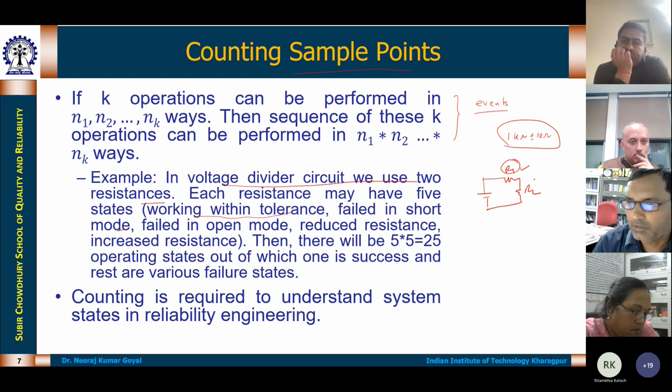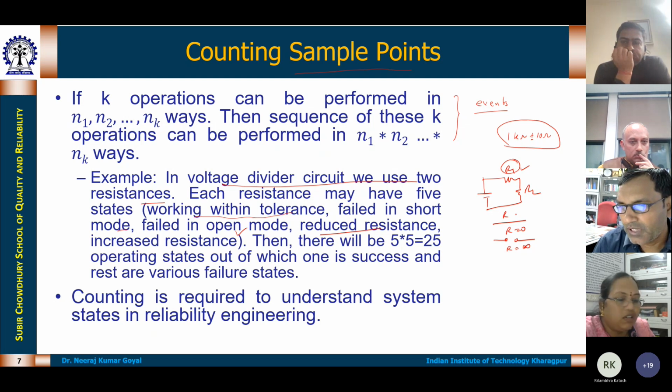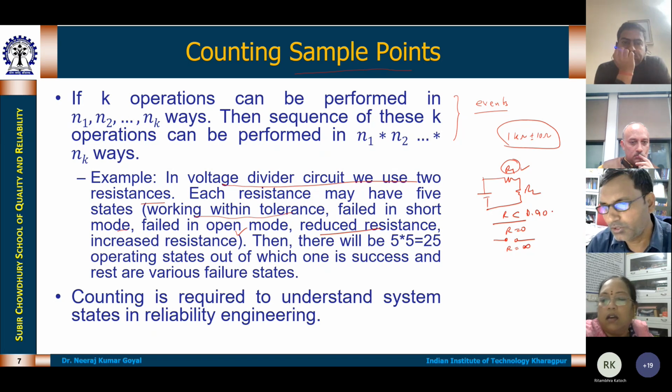Failed in short mode means the resistance has become short, that means resistance has become 0. Failed in open mode means the resistance has become open, so resistance has become infinite. Reduced resistance means resistance is less than 1k minus 10 ohm, so 0.990 kilo, that is 990 ohms.